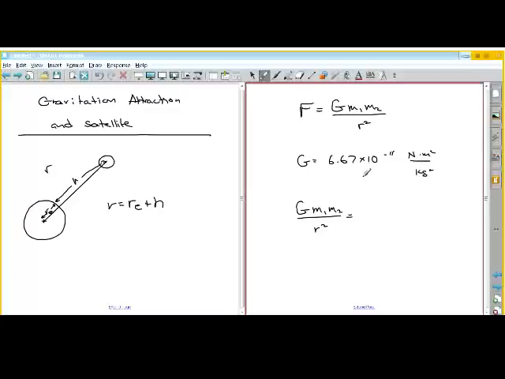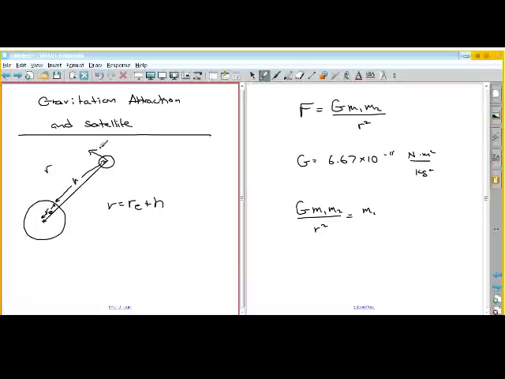The sum of the forces, and there's only one force acting on this, the force of gravitation, is equal to mass times acceleration. I'm going to call m1 the mass of the object that's rotating, at some velocity v, and we'll come back to that in a second.